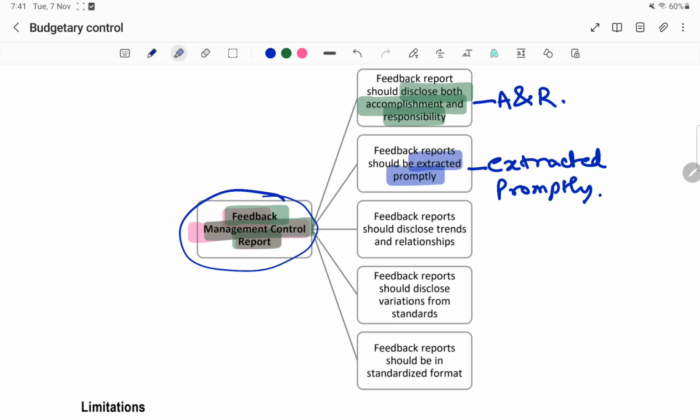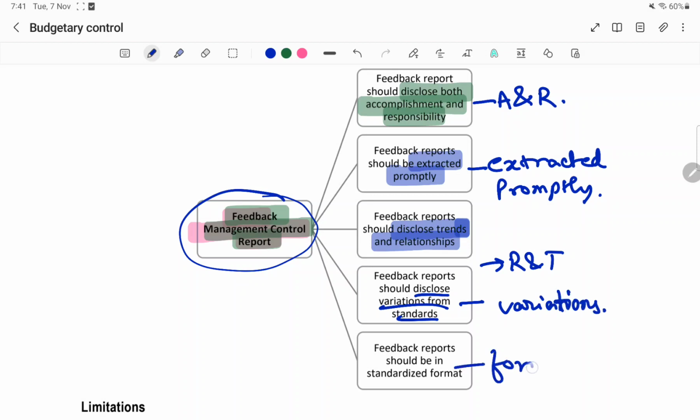Then the next point is it should disclose trends and relationships, that is relationships and trends, R and T. The next is it should disclose variations from standards, and the next point is it should be in standardized format. So there are 5 points.